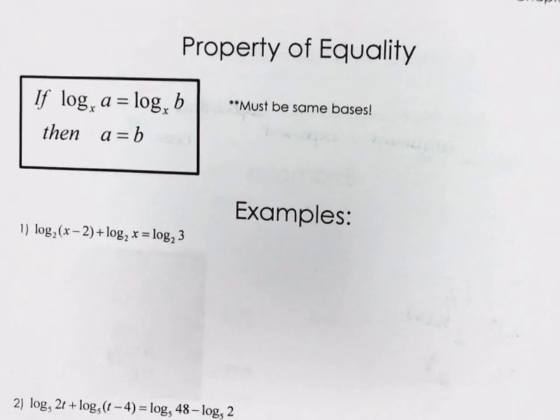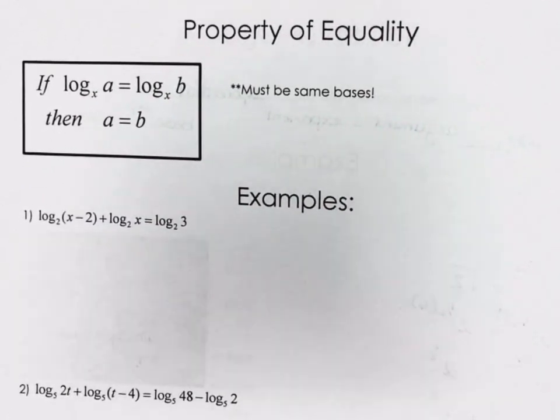Okay, here we go. Property of equality. Remember how in chapter 7, when we got them the same base, we could set those exponents equal to each other, and we just dropped the bases? We didn't divide them out. They just went away.